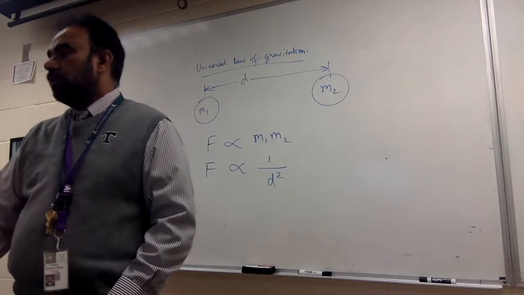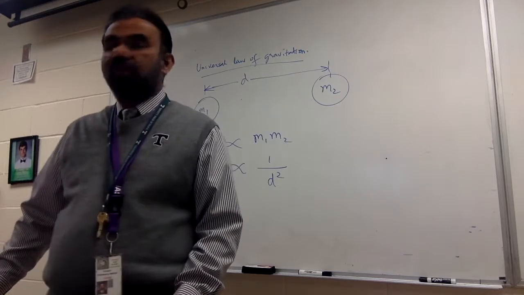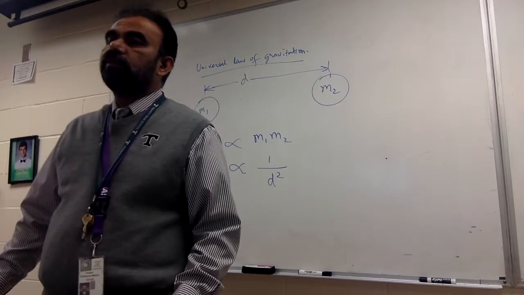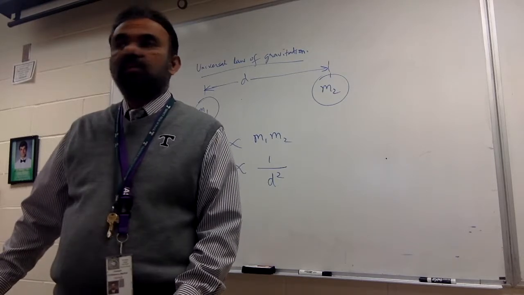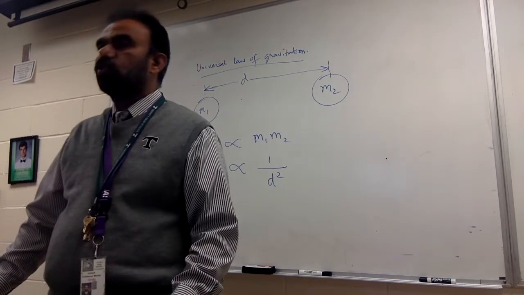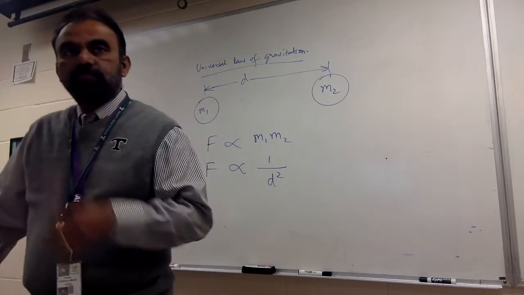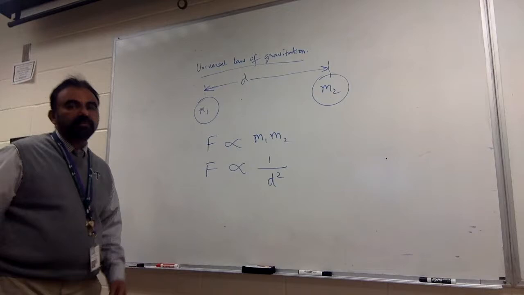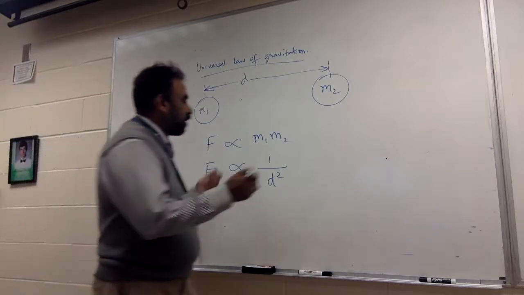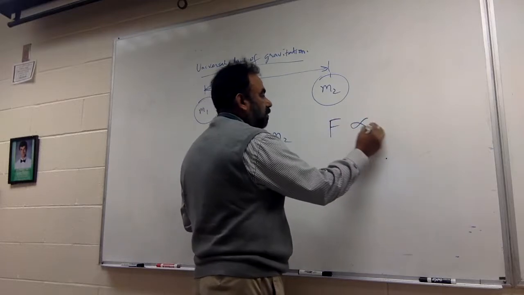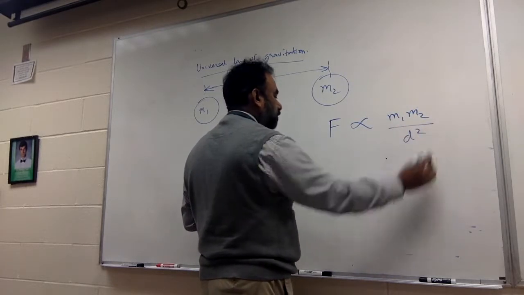I repeat, the universal law of gravitation states this: every mass attracts every other mass with a force that is proportional to the product of the masses and is inversely proportional to the square of the distance between them. You say square. Yeah, d squared. Putting this equation together, F is proportional to m1 m2 over d squared.